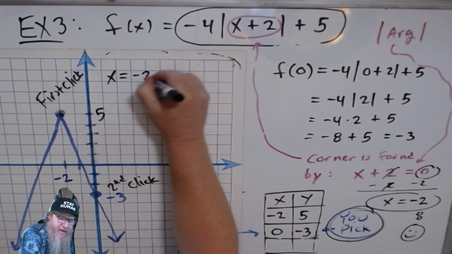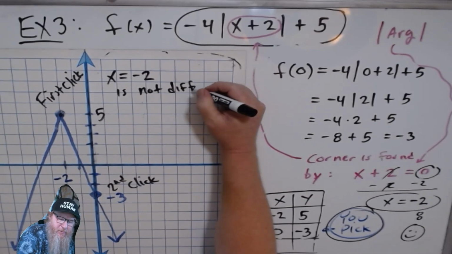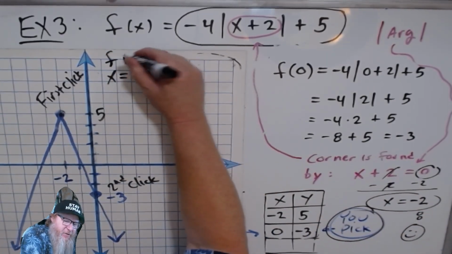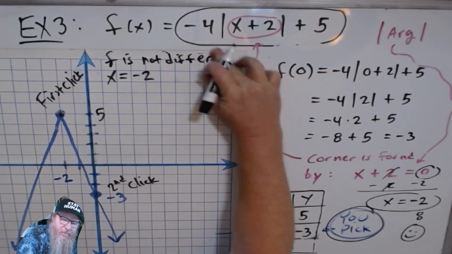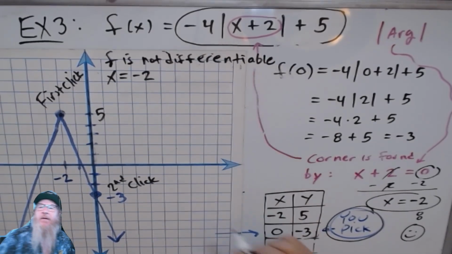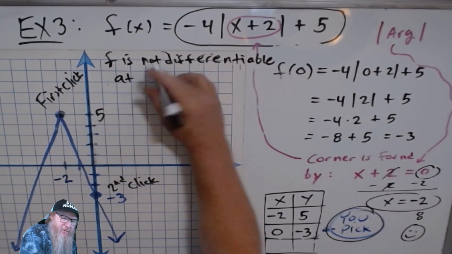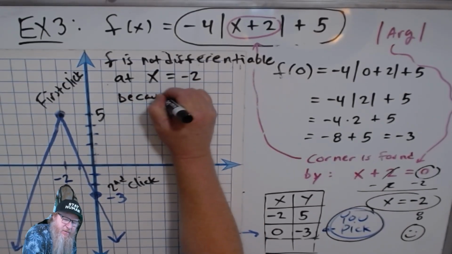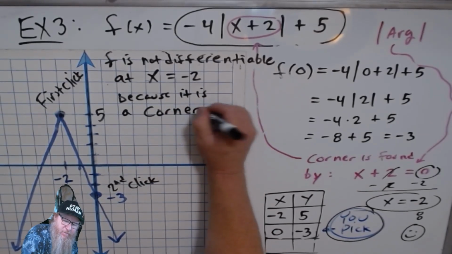X equals -2 is not differentiable. I should say F is not differentiable. So F is not differentiable at X equals -2 because it is a corner or cusp.